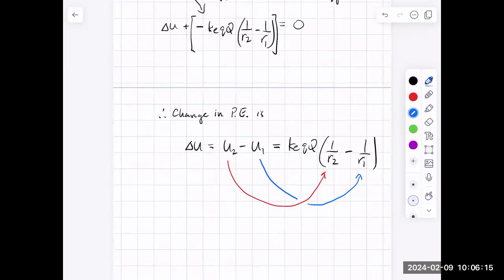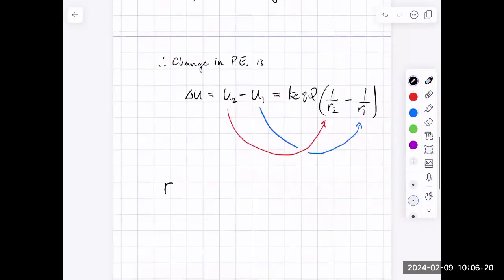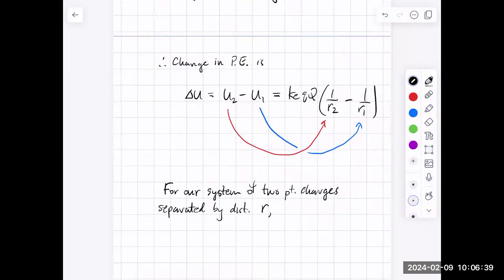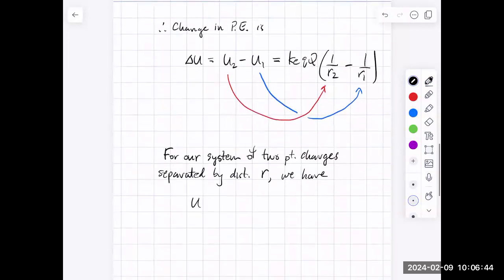Our system was just a pair of point charges, and so we can say for our system of 2 point charges, let's say separated by distance r, we have that U is k_e q Q divided by r.